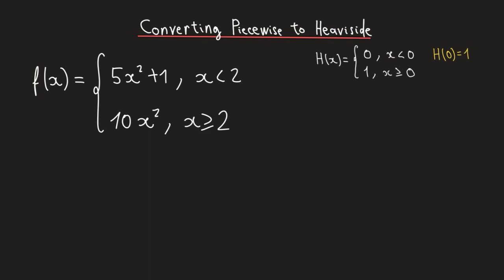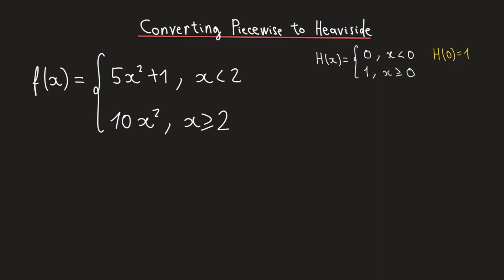And in order to do that, it's important to note that when it comes to converting piecewise functions to Heaviside functions, the Heaviside function acts as a sort of switch off, switch on function. In other words, when x is less than 0, the function is switched off. And when x is greater than 0, the function is switched on. And in our piecewise function over here, we have two parts.